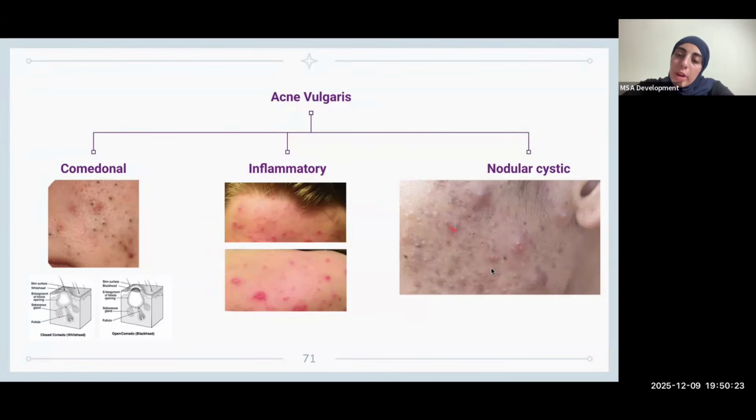Okay, you see some inflammatory acne like this redness here. There's also some over here. And you see these big nodules. These big nodules are what tell you that this is a nodular cystic acne. Again, these are all the same condition, just at different stages. And acne vulgaris equals comedones.